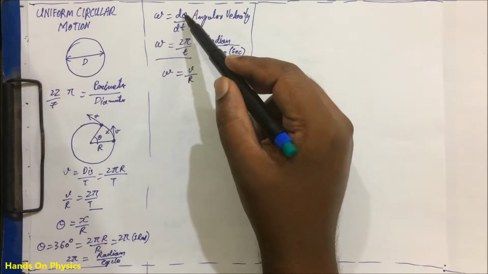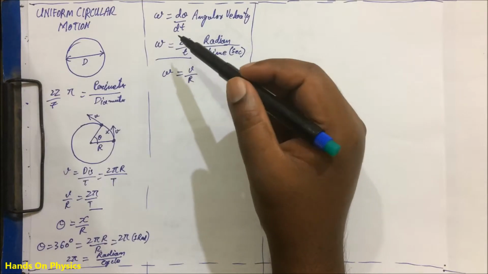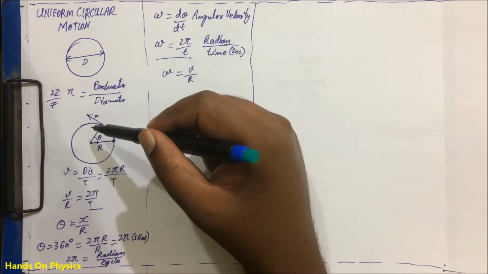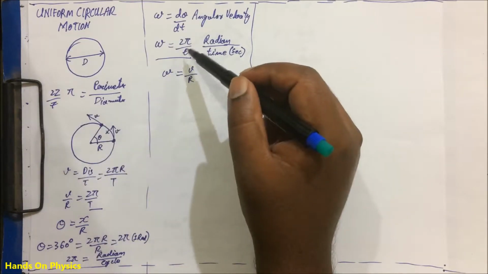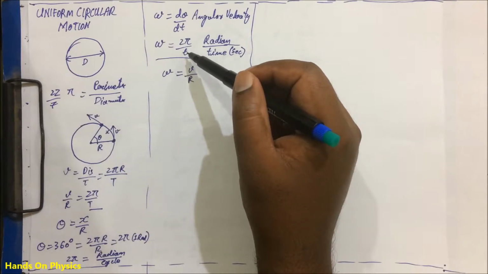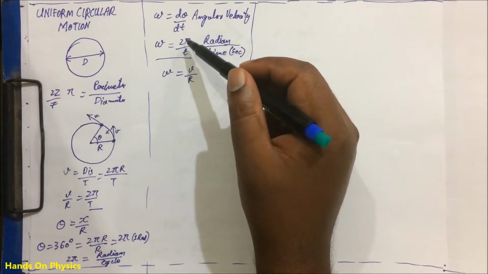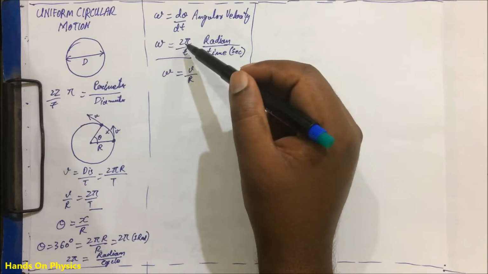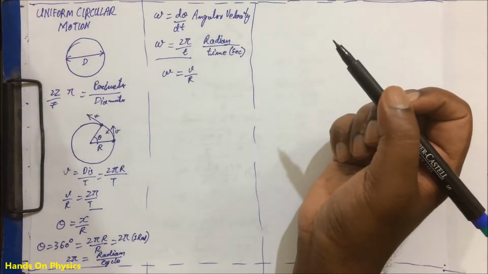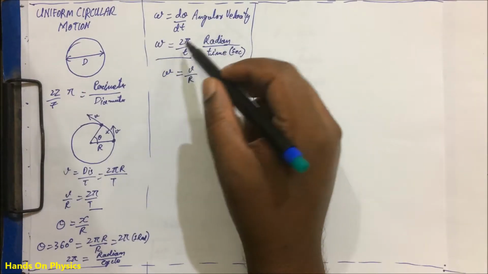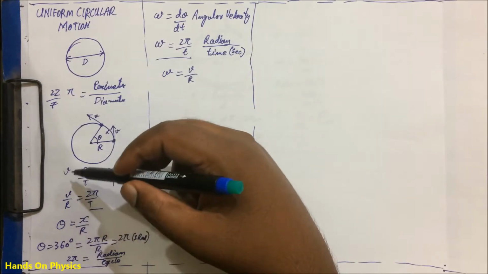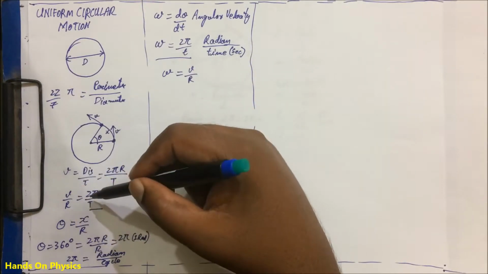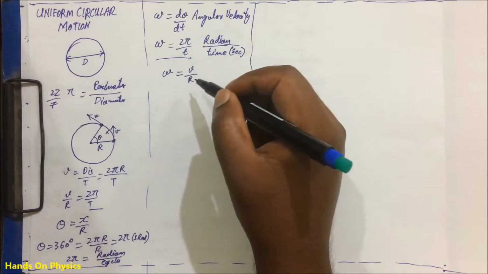So angular velocity omega is the rate of change of angle, and for one complete cycle, if the time taken is t, then the angular velocity will be 2 pi by t in radian per second. And since omega is 2 pi by t and v by r is also 2 pi by t, that means omega is equal to v by r.